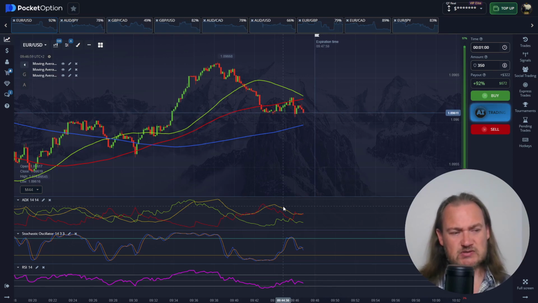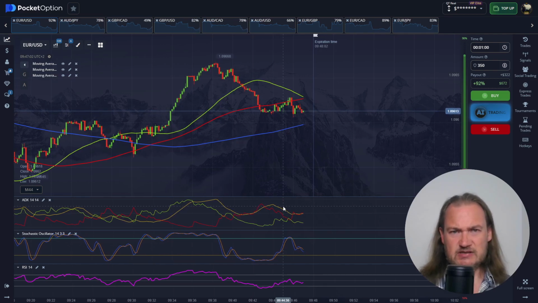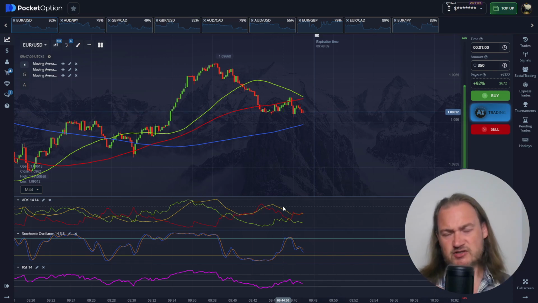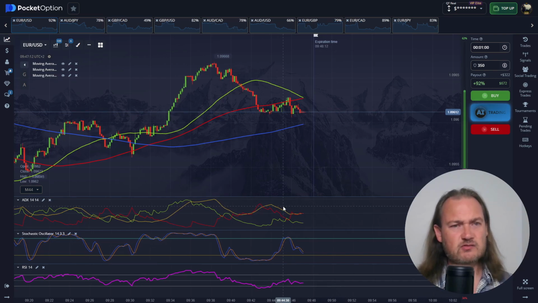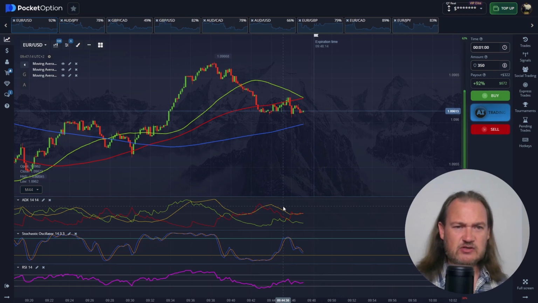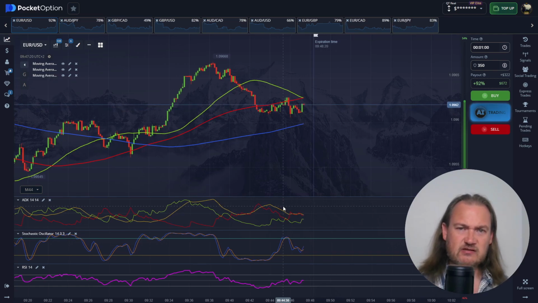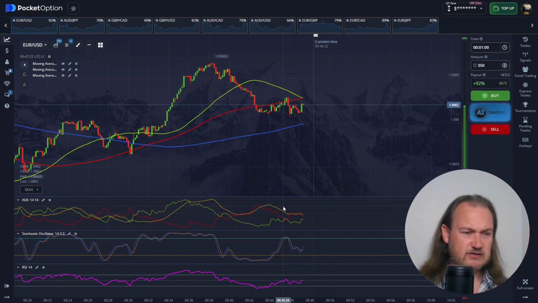It's super important that you really understand what the indicators you are using show you. If you don't 100% understand, you're not going to be able to utilize the indicator successfully.